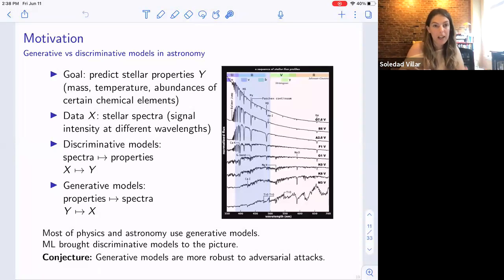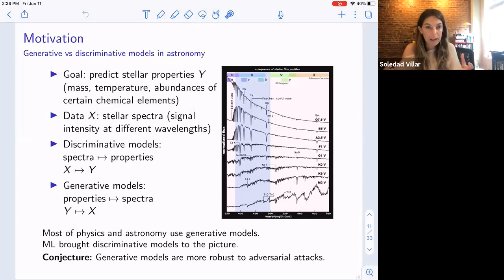Say you have some training data: these 8,000 by 1 images, the spectra of stars, and you know what the target values are, like the mass and temperature for certain stars, and you want to infer a model that will predict them for other stars that you haven't seen. That would be the machine learning way, a discriminative model that predicts the properties from the spectra. But the physical way of thinking about this problem is to do it in the opposite direction.